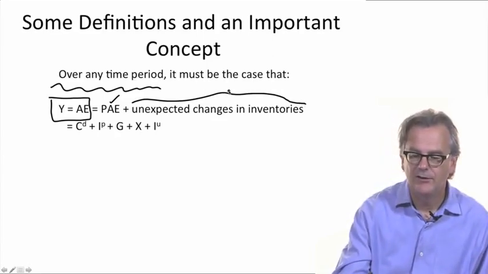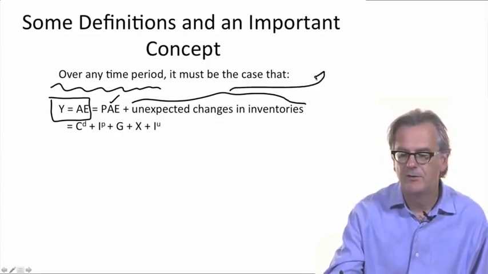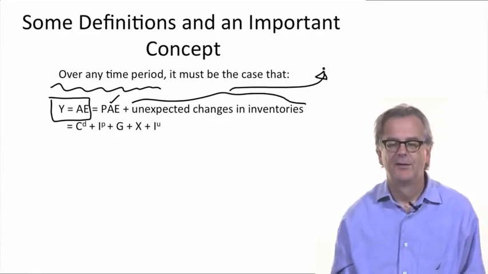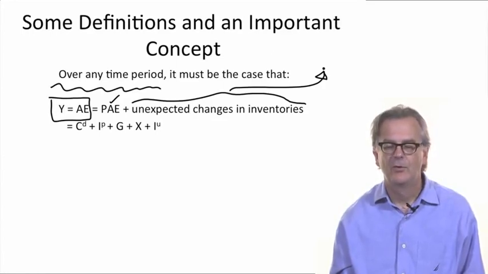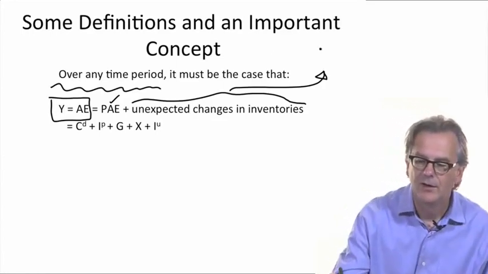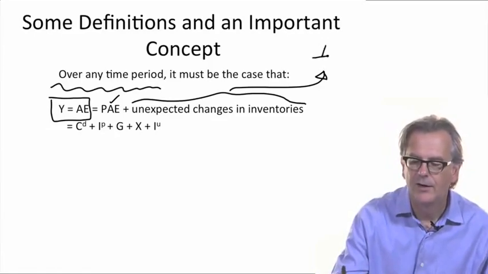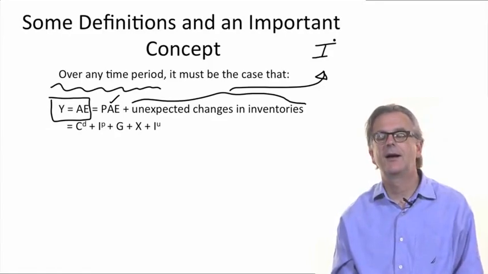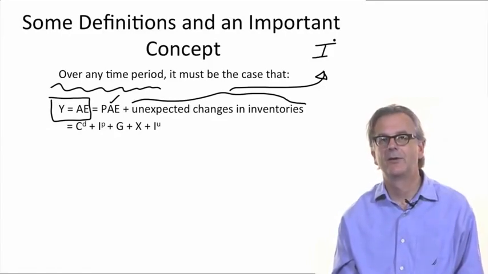Now, I would ask you to think back to our material on GDP. Remember that expenditure on inventories, or changes in inventories, are counted as part of firms' investment. We use the letter I as our notation for investment.